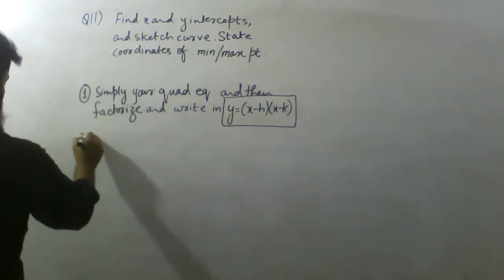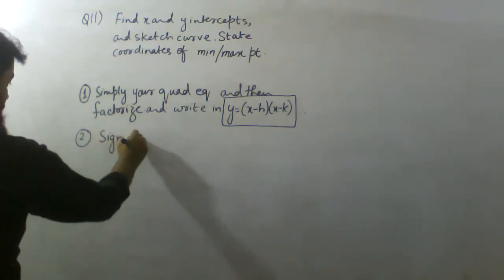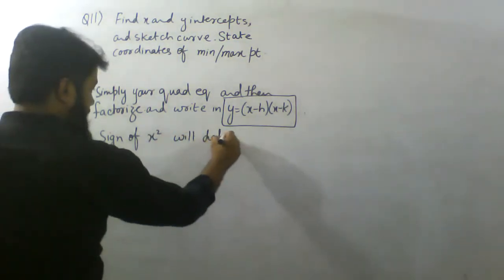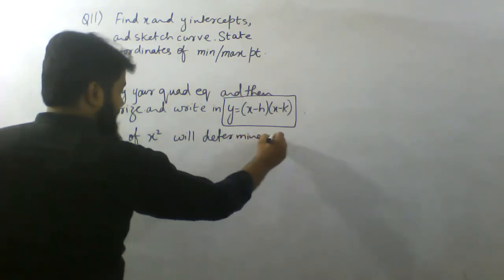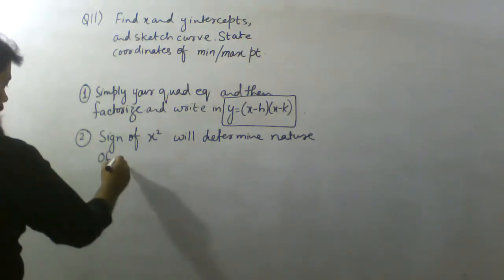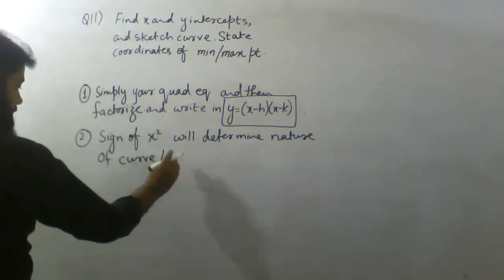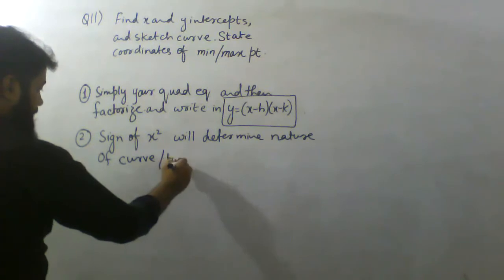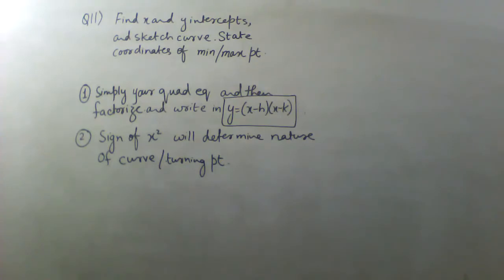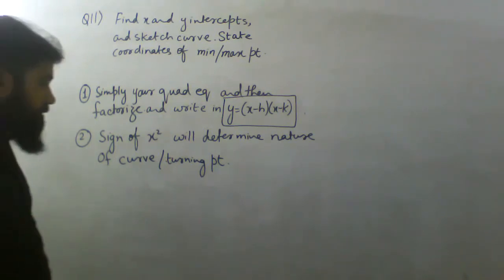After that, the sign of x square will determine the nature of the curve or turning point. Your sign of x square will tell you what the nature of the curve or turning point will be. How will you know?